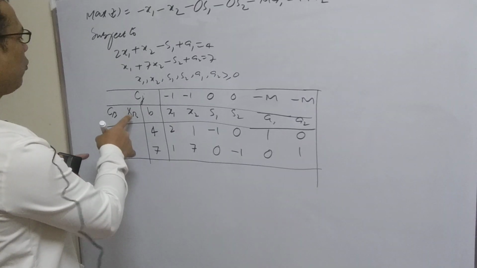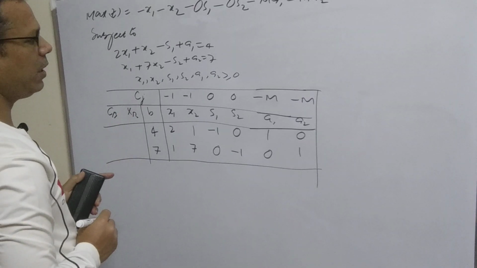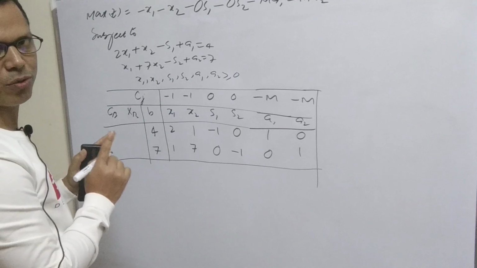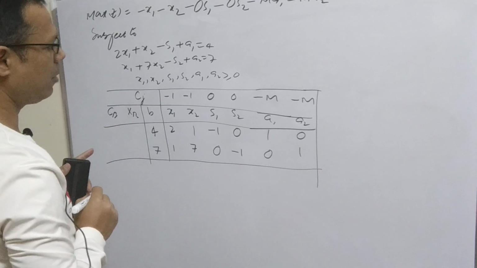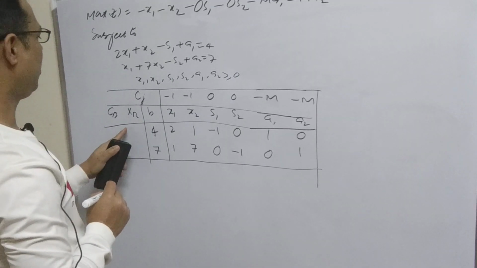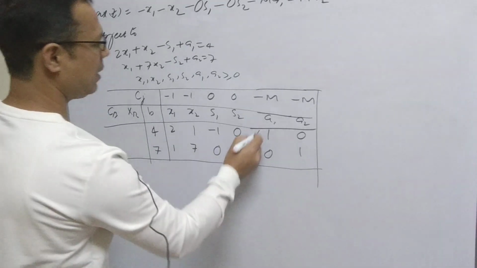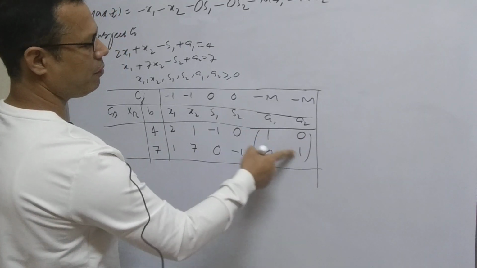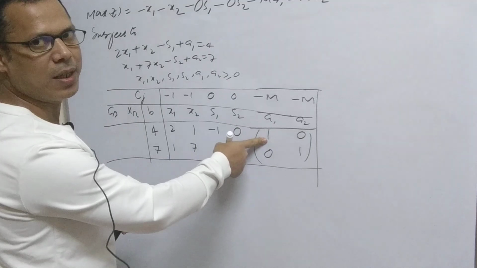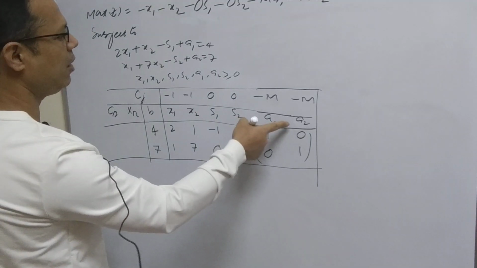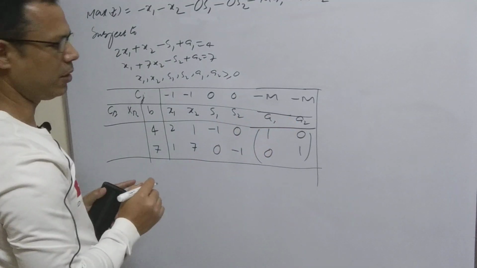Now which variable is going to be considered a basic variable? Very important to see this part. Which variables show you the unit matrix? This a1 and a2 show the unit matrix, so initially you consider a1 and a2 as basic variables.